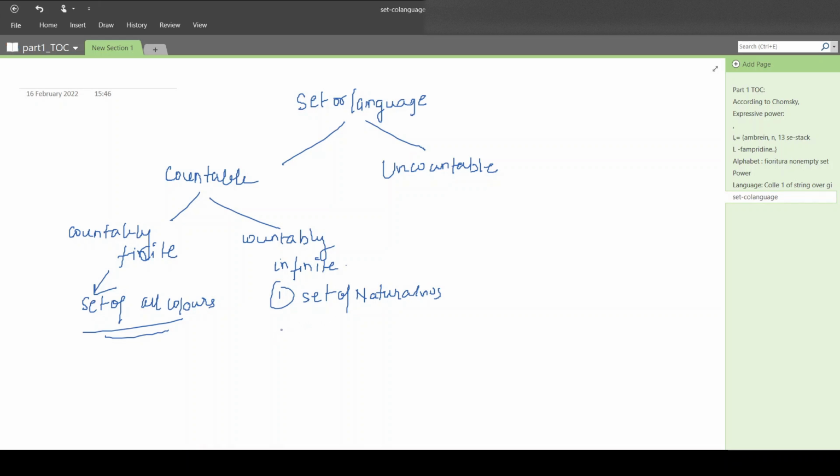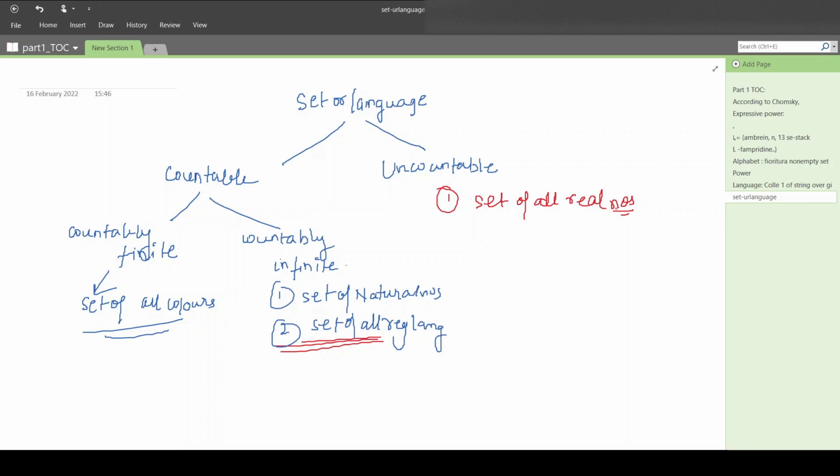Set of all regular languages, countably infinite. It comes in exams. This one's important. And this one, the set of all real numbers.